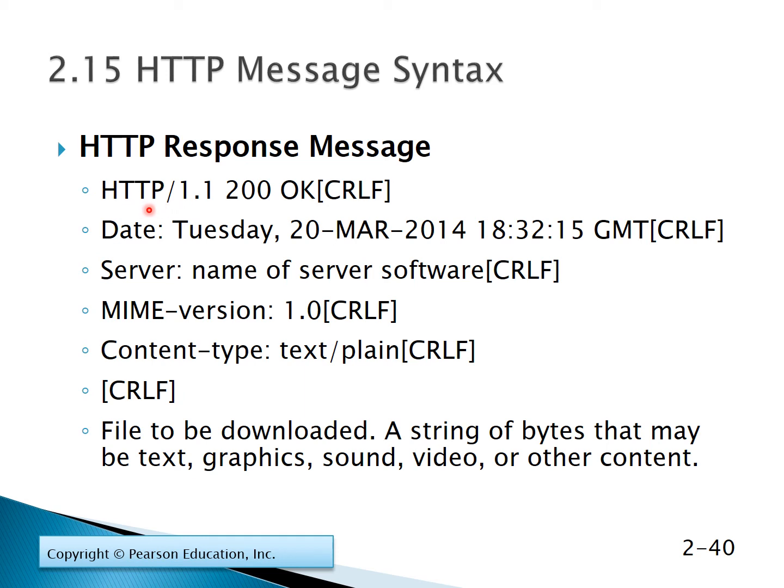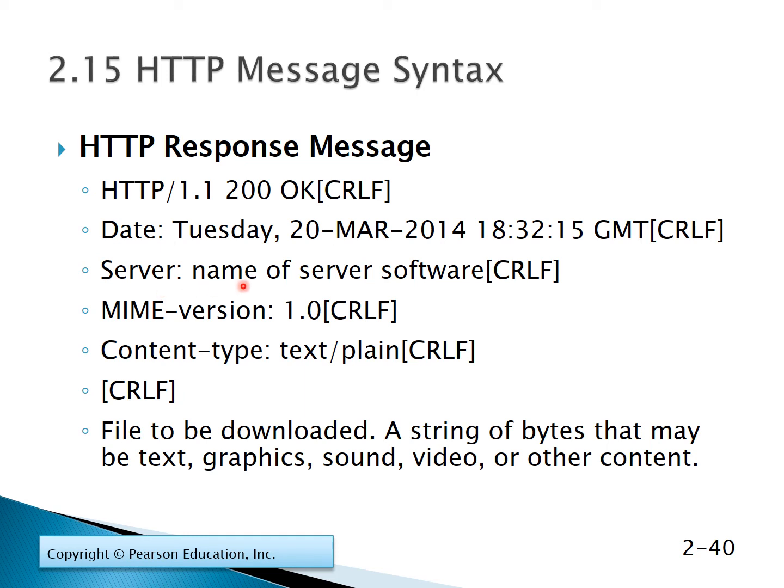In the beginning I put the protocol version, and then the status code. 200 means OK, and this is the status message. Some other status codes you have probably seen before. The most popular one is definitely 404, not found. And then you have a timestamp, and then the server.